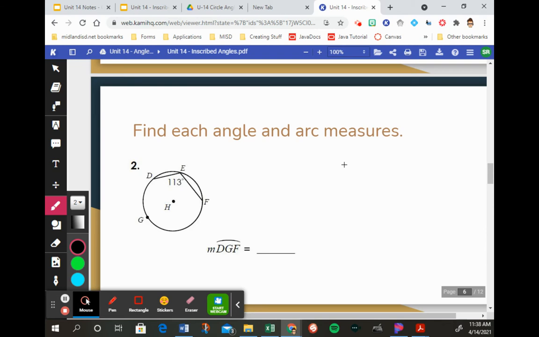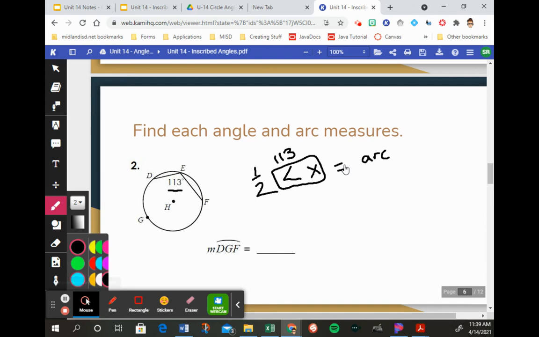If this angle is 113, so my angle is 1/2 my arc. Oh, no, I'm wrong.